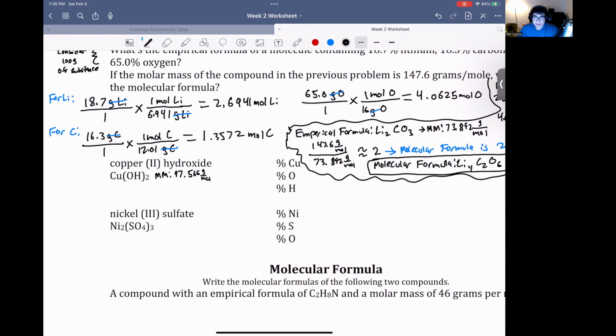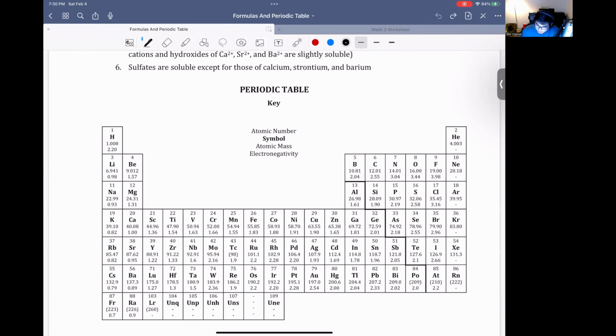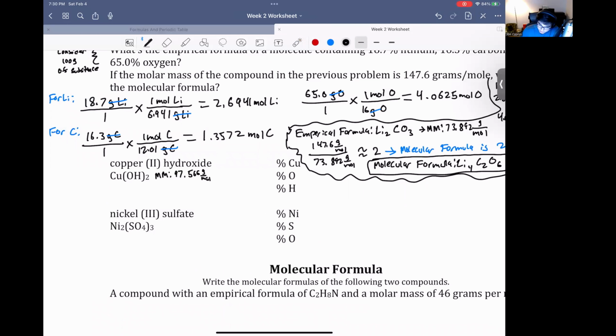Okay, so now all we have to do is, again, take the individual components and divide them by the total molar mass, and then multiply by 100%. A little bit out of room here. So copper is 63.55 right here. So 63.55 grams per mole divided by 97.566 grams per mole times 100%.